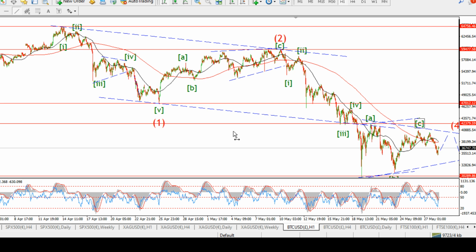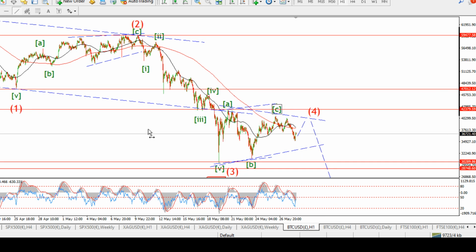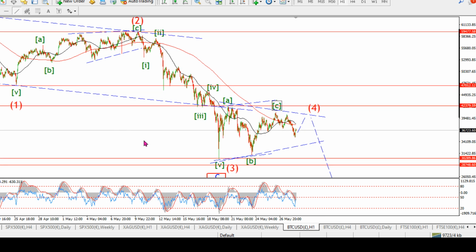I'm no longer receiving emails about Bitcoin. That tends to be, not an ironclad indicator, but when I start receiving a lot of emails about a certain point of view, that usually coincides with a turning point, either a bottom forming or a top forming.